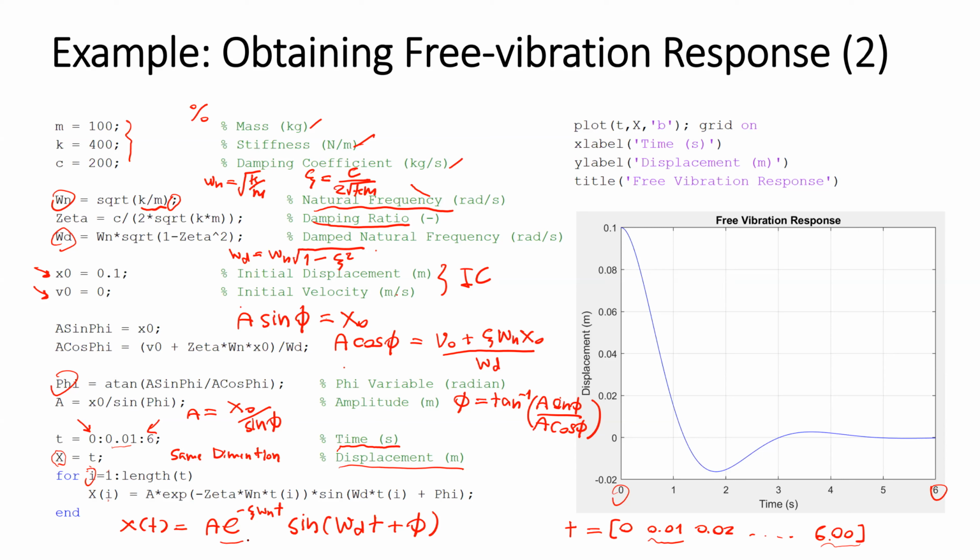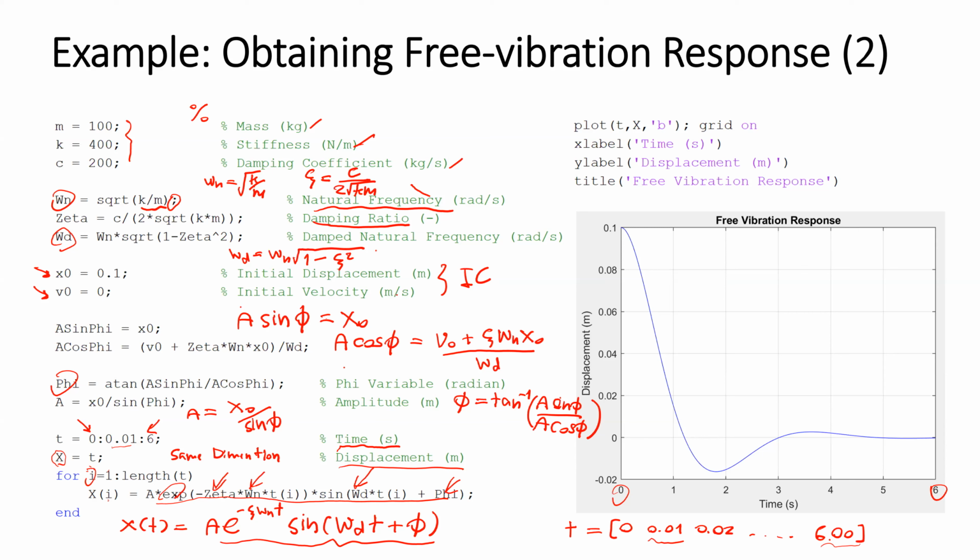And we transform this closed form solution to this code. And we know the value of phi. We know the value of omega d, the value of the damping ratio, and the natural frequency. We use the exponential function here.